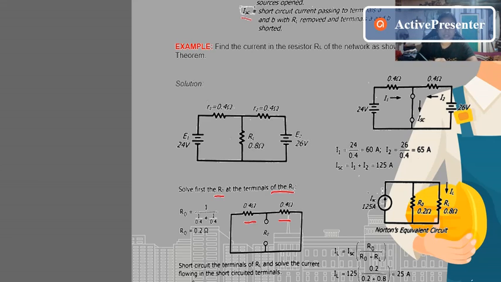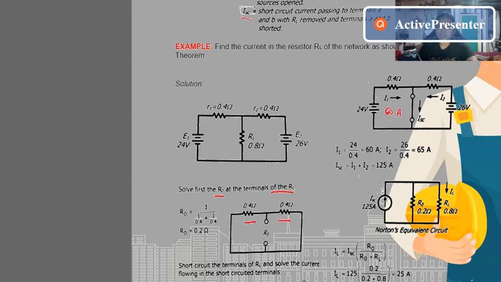So short circuit the terminals of RL and solve the current flowing in the short circuited terminals. So ganina sa itong last is gi-short circuit nato ang voltage, but here we need to short circuit the current. So for our I1, so 24 divided by 0.4. So kani dire we have 60 amperes.